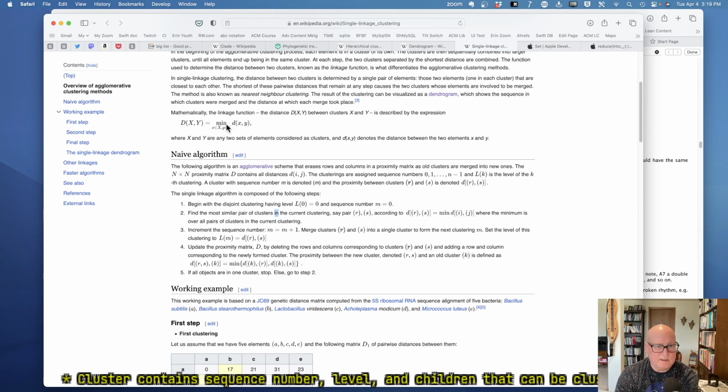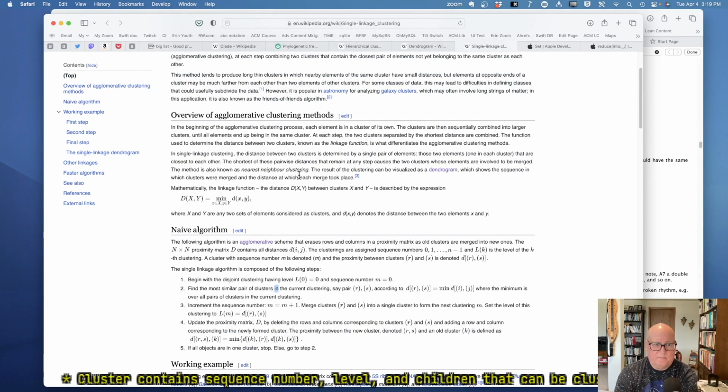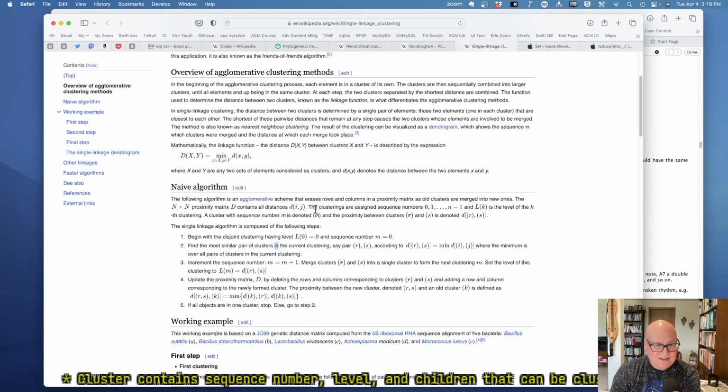So I guess we're defining this thing. And that always references little d. Okay, so d is a separate matrix. I'm going to have to keep that straight.